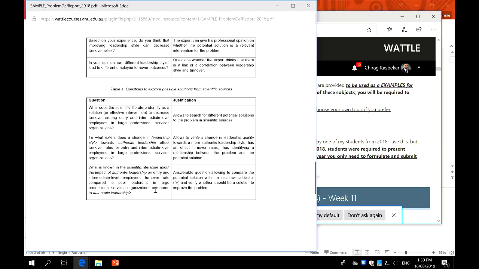Yeah, so that's the other thing. This student has provided justification for each question, which is good, but you don't have to do it exactly that way. You could just give me a few lines of justification before you write out those questions, to justify why you're focusing on those questions.